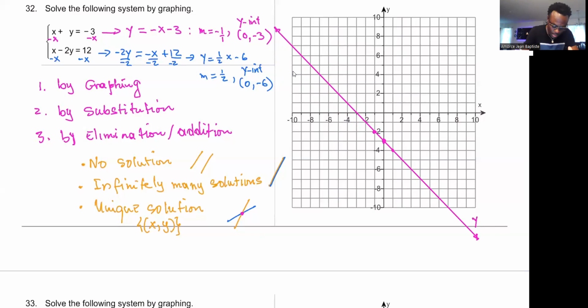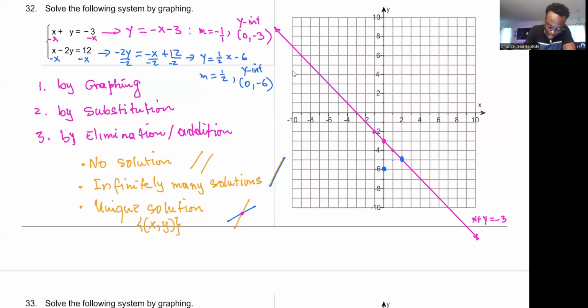That's x plus y equals -3. And then the other one has a y-intercept of (0, -6). The slope is 1/2, which means I go up 1 and over 2.